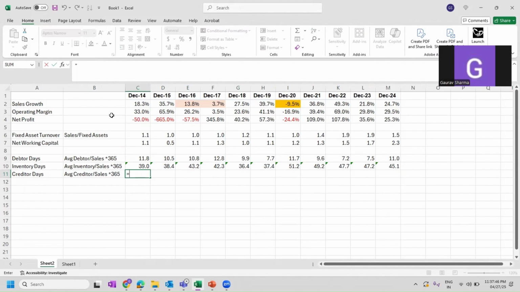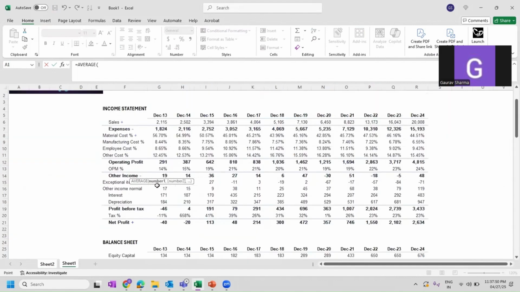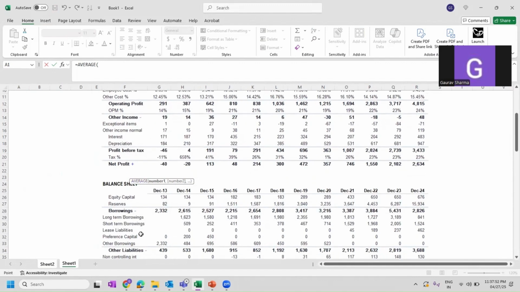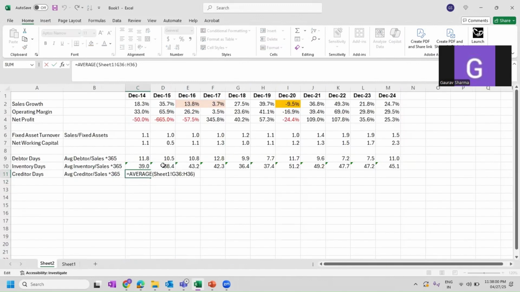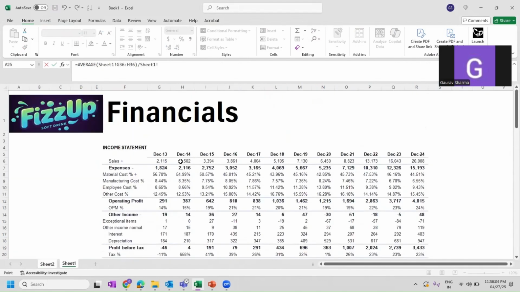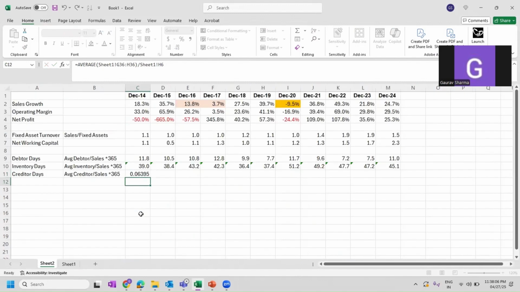It should come less than our average debtor days. So average creditor is trade payables, this divided by again sales. Ideally, this should be purchase, because a creditor is born only when you are purchasing something.